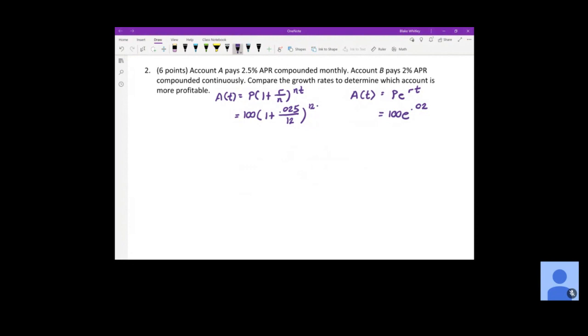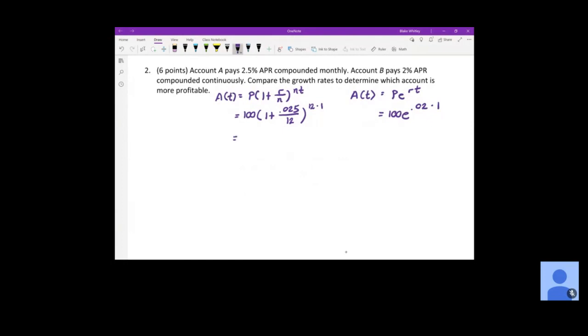Now, what time? How long do you want to invest this time? One year, okay? So I'm going to put 1 here for t. That means over here, for this t value, I have to use the exact same amount of time. Okay, so we're investing the same amount of money for the same amount of time in both of those accounts, and now we want to see which one's more profitable.